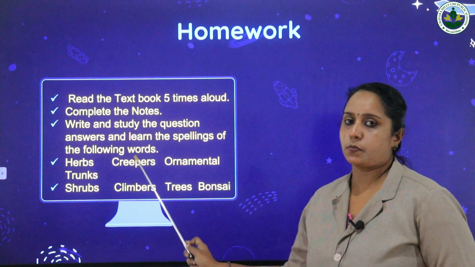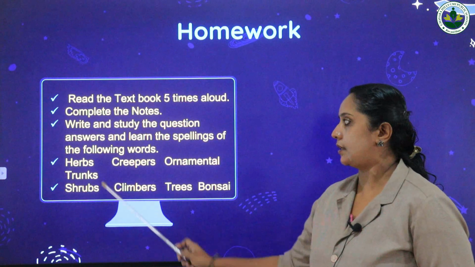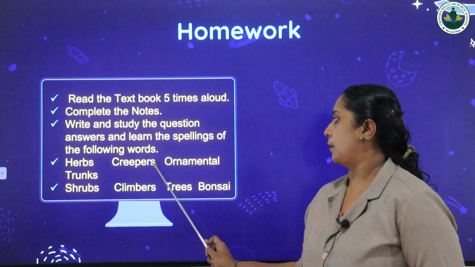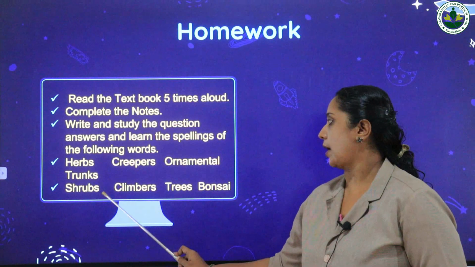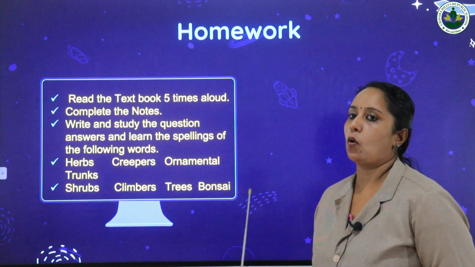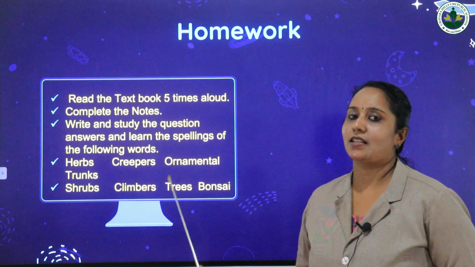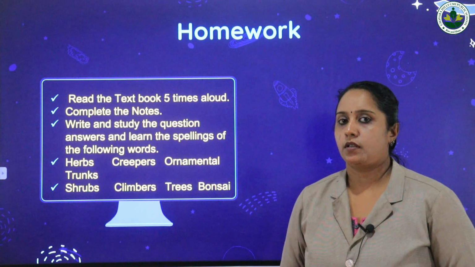So I am giving some spellings which you have to write and study in your rough book. Which are they? Herbs, creepers, ornamental, trunks, shrubs, climbers, trees and bonsai.